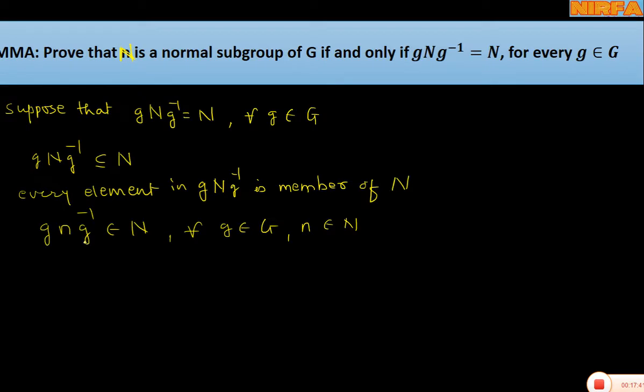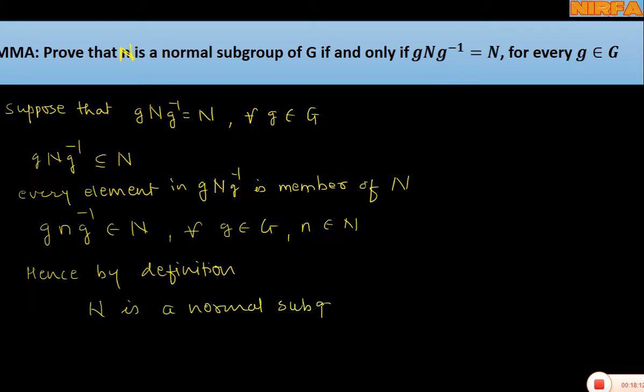This is the condition in the definition of normal subgroup, and hence it is satisfied according to the definition of normal subgroups, and hence by definition of normal subgroups, which we have stated earlier, N is a normal subgroup of G. So this part we have proved.